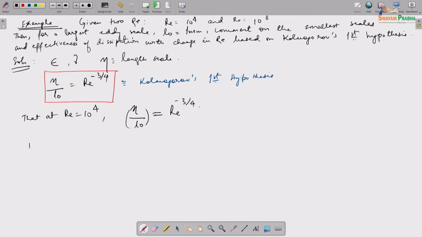Then in the first case, Re is 10 to the power 4, therefore eta is equal to L naught into 10 to the power minus 3, right? And here L naught is given as 1 millimeter, so eta is equal to 0.001 millimeters.